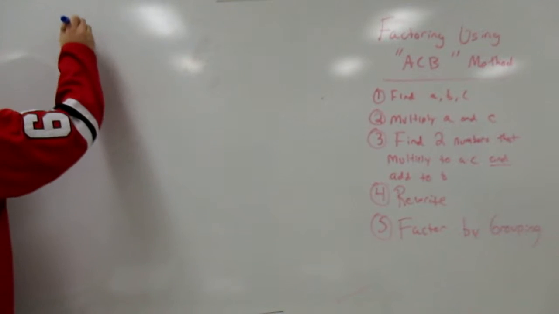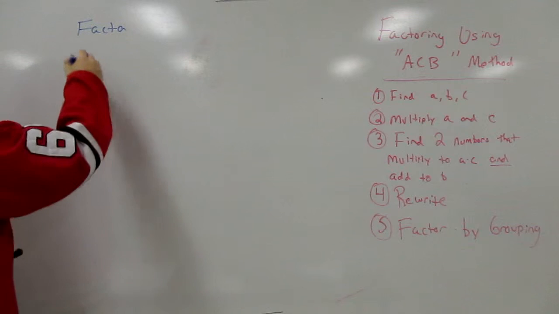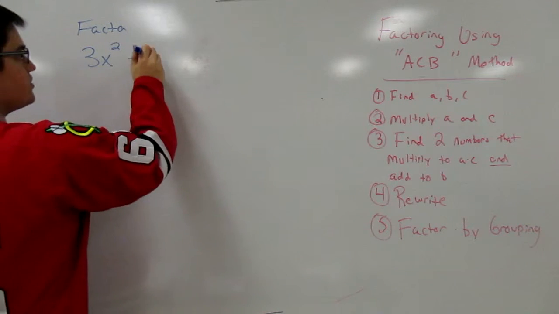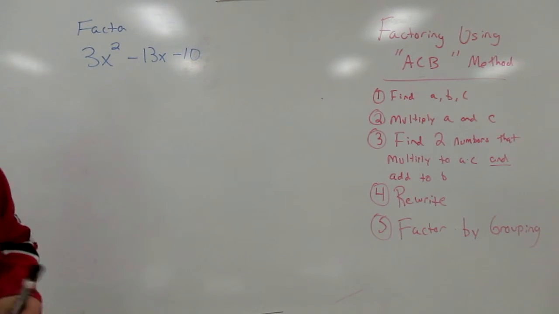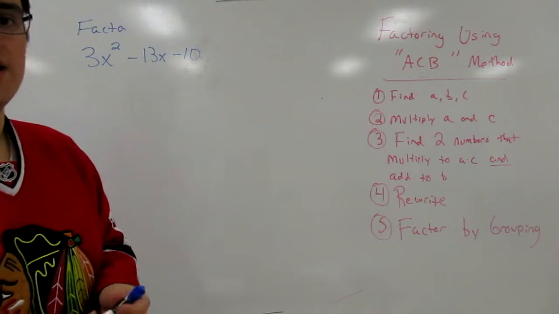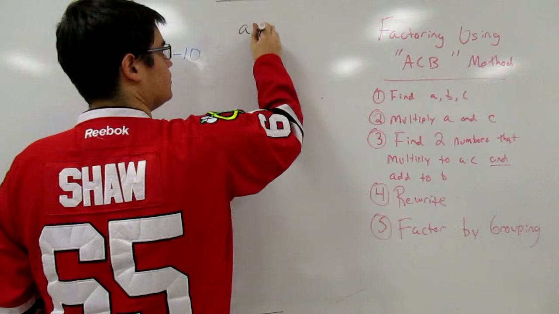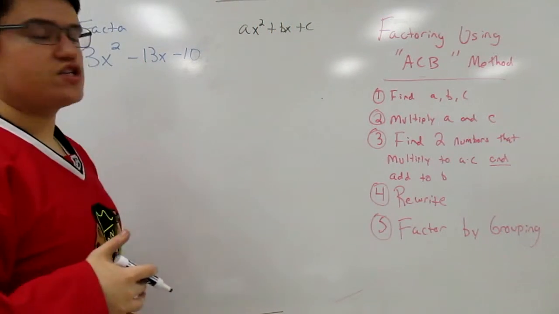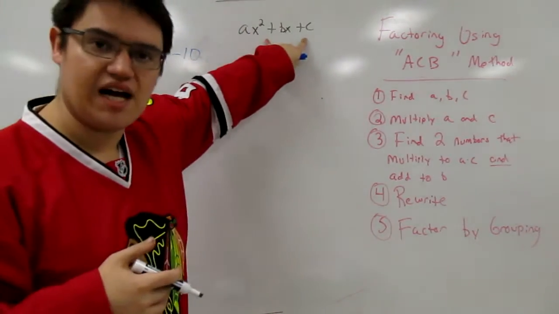The first problem we're going to have, it's going to say factor 3x squared minus 13x minus 10. Okay, so first step we want to find a, b, and c. A, b, and c come from a general form of ax squared plus bx plus c. Even though we don't have an equal sign here, they're all on the same side.